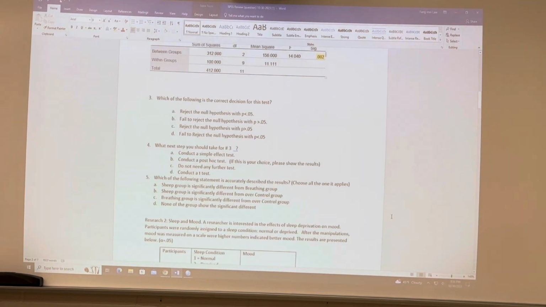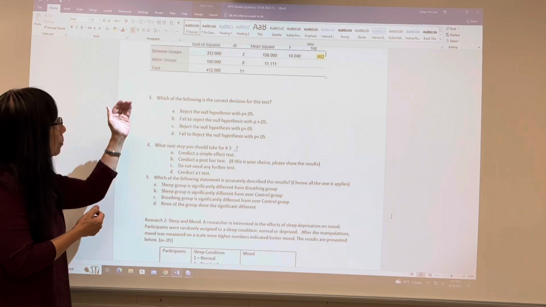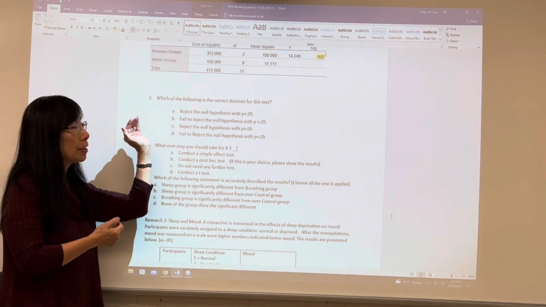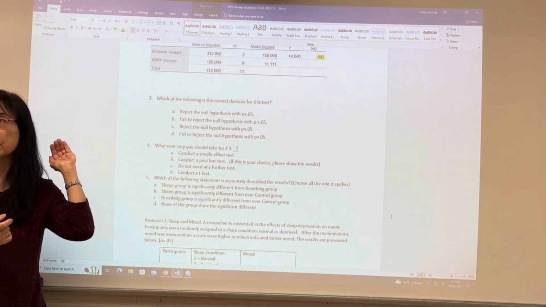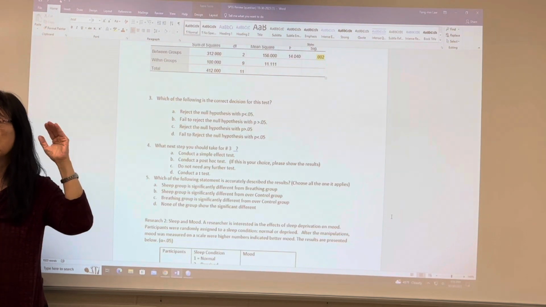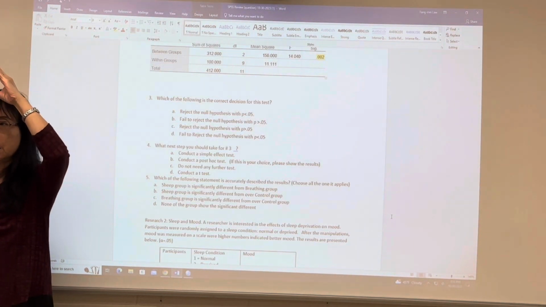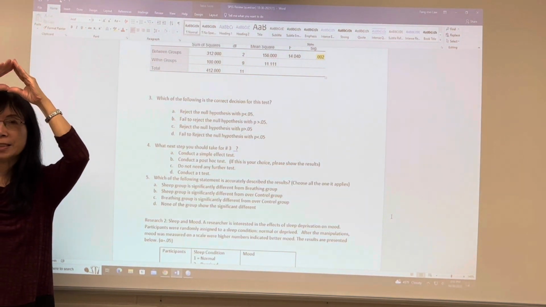You don't have to worry about the other numbers for the test. You don't even need to write them down. The only number you need is this, and this number tells you the answer for number 3. Lily says this.